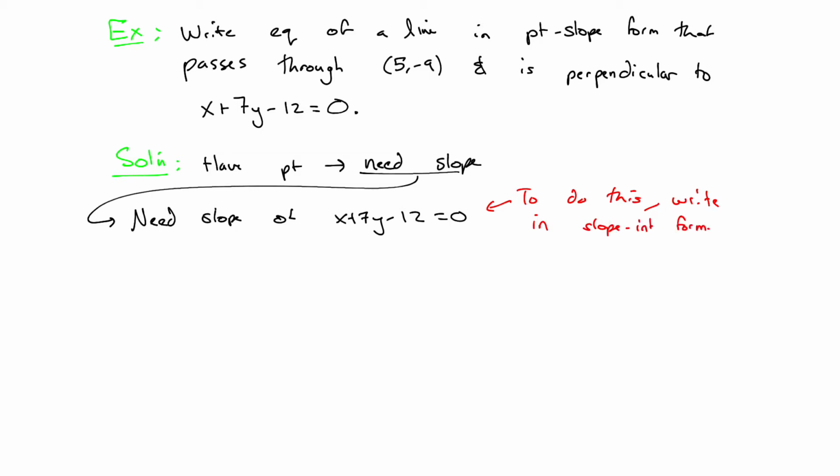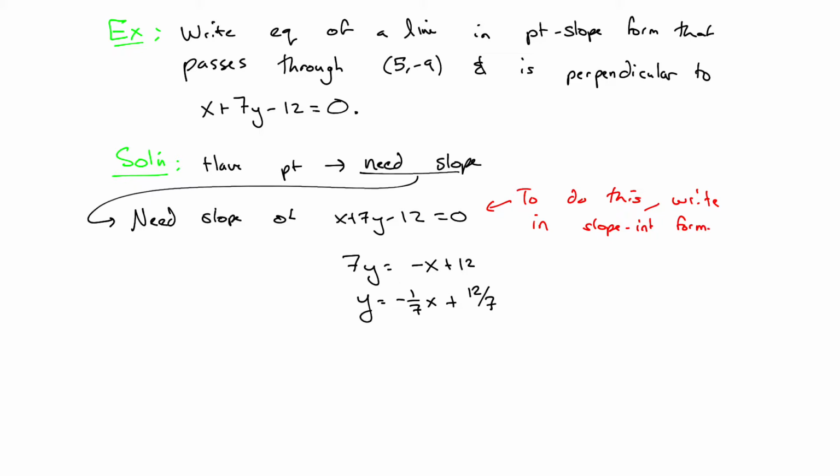Right? Add 12, subtract x, we get 7y is equal to negative x plus 12. And then we'll get y is equal to, when we divide both sides by 7, we divide the negative x by 7, so we get negative 1/7 x, and then plus 12 sevenths. Now, I know that looks intimidating because it's got all the fractions, but we don't care about the y-intercept of this line.